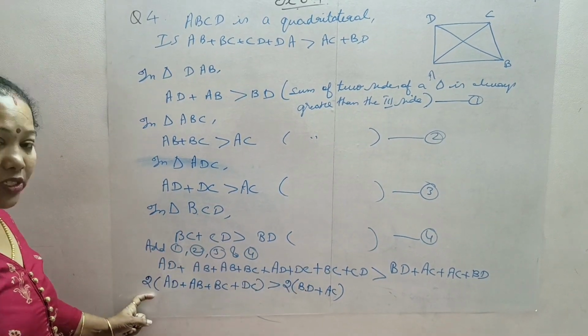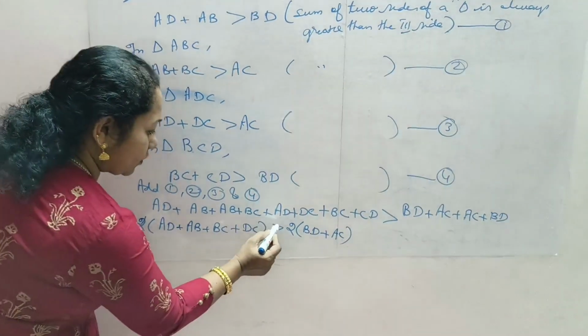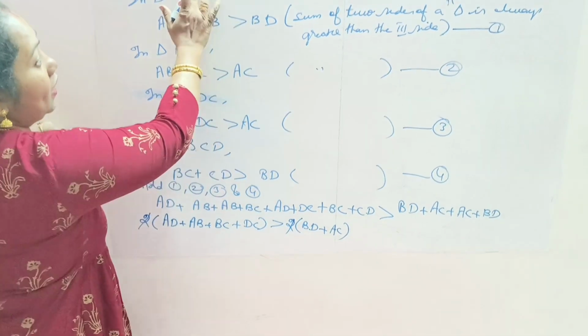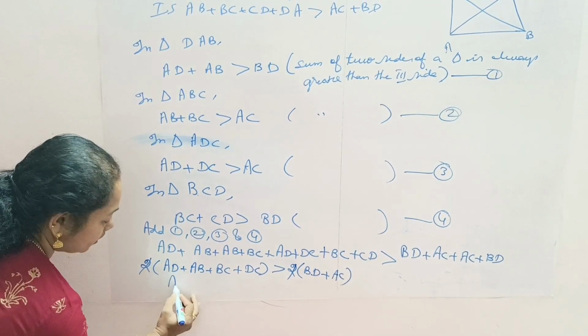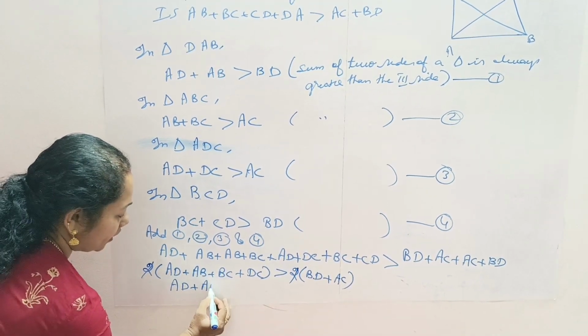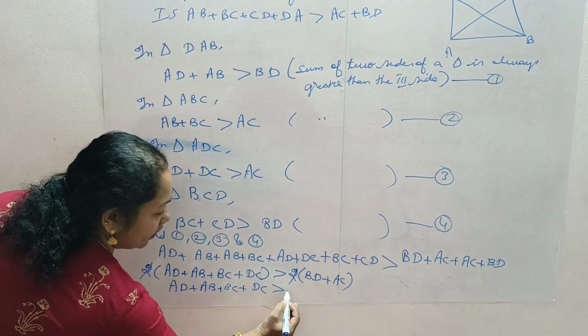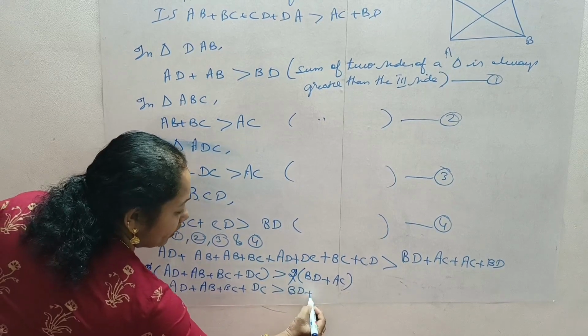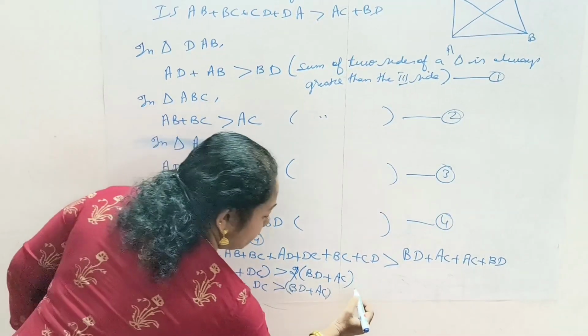So we took 2 as common on this side and this side. These two will cancel out. So we got the answer: AB plus BC plus CD plus DA is greater than AC plus BD. Hence proved.